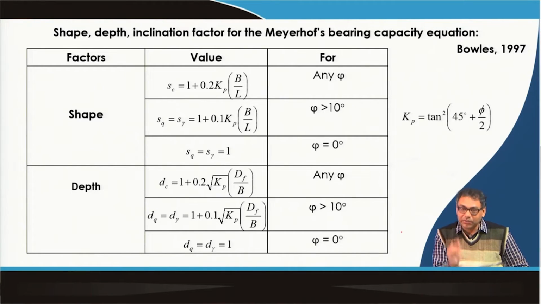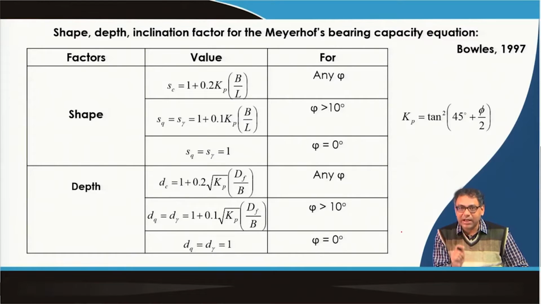How we will calculate B dash and L dash will be discussed later on, but now you remember that for eccentric loading you have to calculate B dash and L dash, and we have to replace B and L with them.